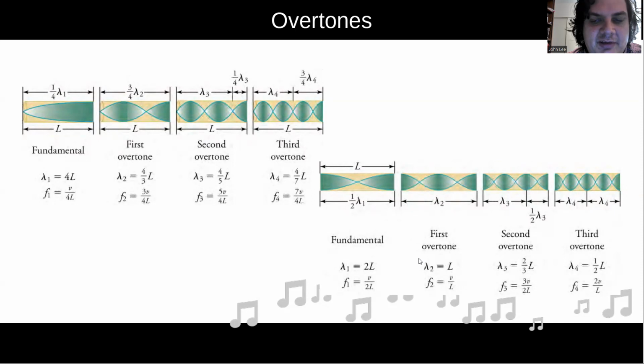First overtone of lambda equals L, second overtone of lambda equals 2/3 L, and third overtone of lambda equals 1/2 L, where L is the length of the pipe.